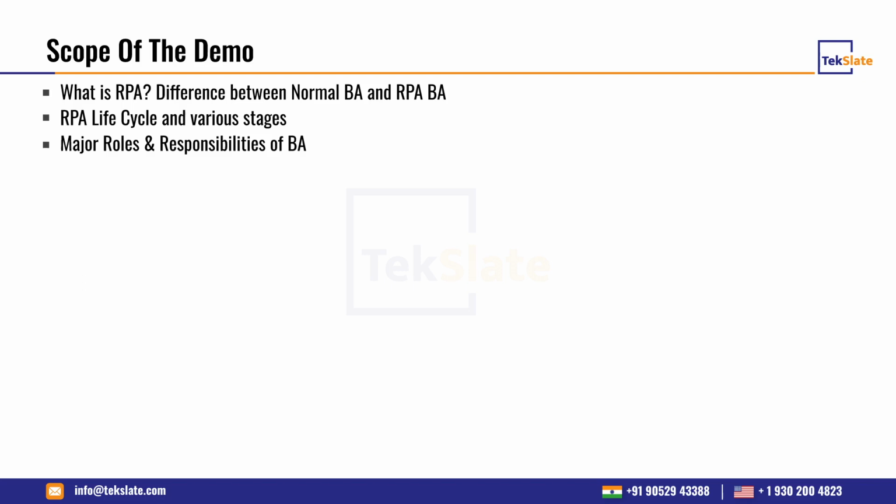Now let us understand what is process. Process is nothing but a set of activities which are performed to accomplish a task. Let us understand by an example. I am working as an SME in a banking process. I receive various PDFs, let us say 100 PDFs per day.